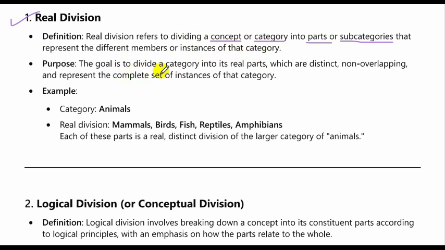The goal is to divide a category into its real parts, which are distinct, non-overlapping, and represent the complete set of instances of that category.